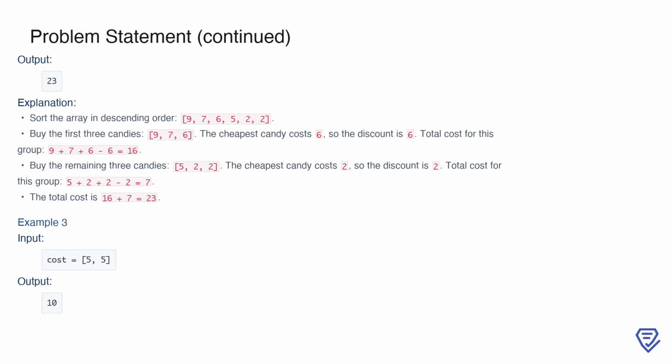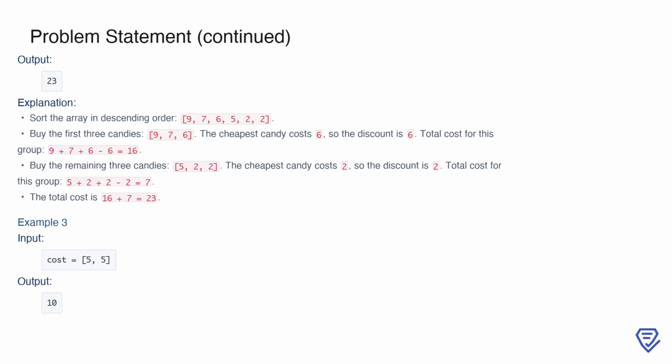Now, let's look at a slightly more complex example with cost equals 6, 5, 7, 9, 2, 2. To minimize the cost, we first sort the array in descending order, which gives 9, 7, 6, 5, 2, 2. Next, we buy the first 3 candies from this sorted array, 9, 7, 6. The cheapest candy in this group is 6, so the discount is 6.